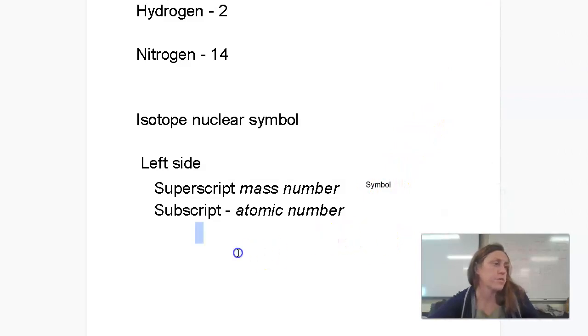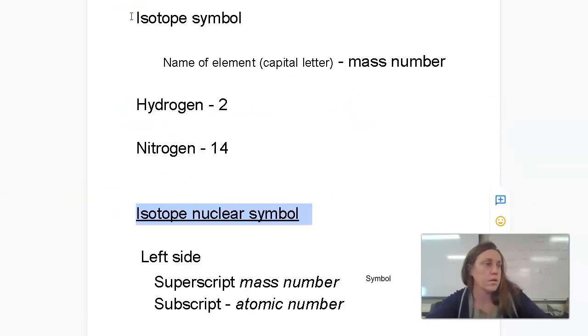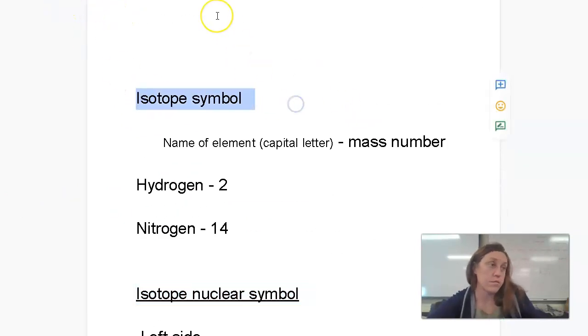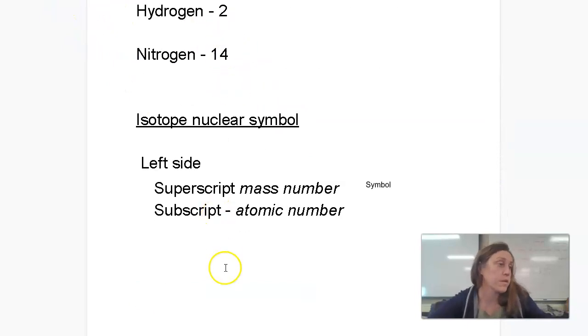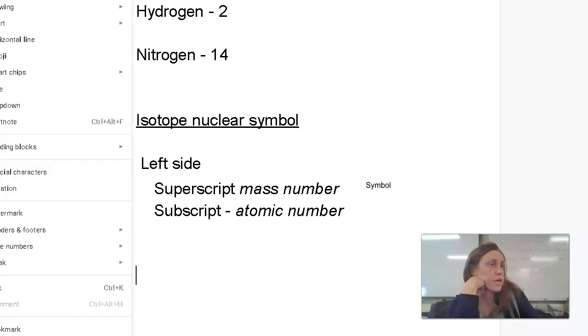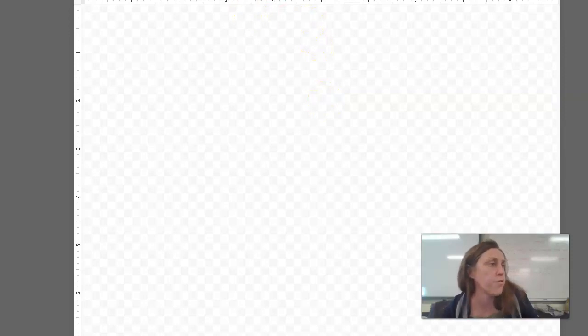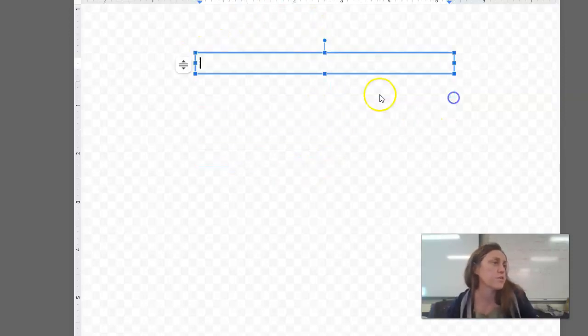So for an example, I'm going to just use the elements from above. I'm actually just going to make a drawing again, and you guys can follow along on this, but I'm just going to write it above. So beforehand was hydrogen-2.